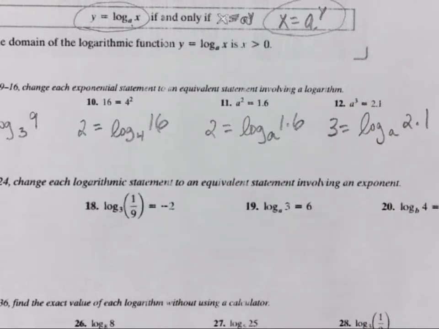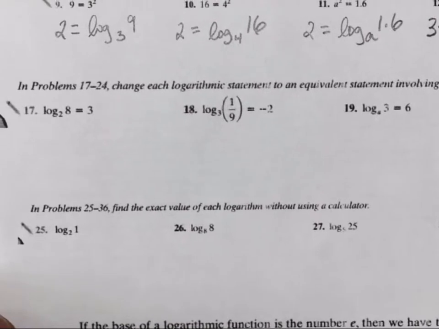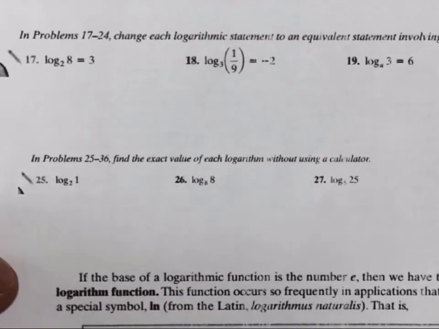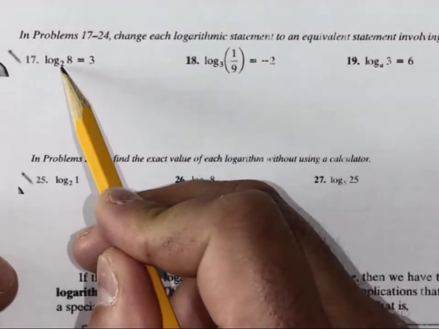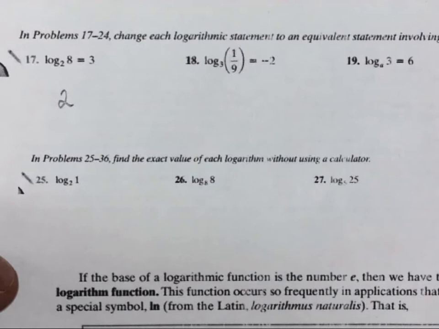Okay. And then we want to go the other direction as well. So we pretty much do the reverse of what we just did. So notice down here I've got logarithmic functions, and I want to write them as exponential functions. Okay. So notice that the log base and the exponential base are going to be the same. So that's going to be my exponential base.